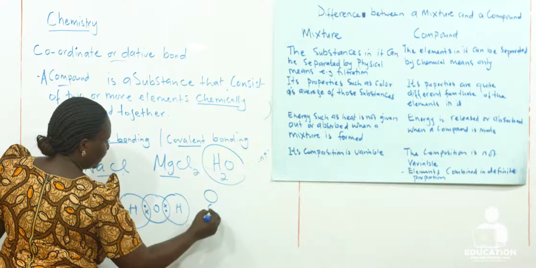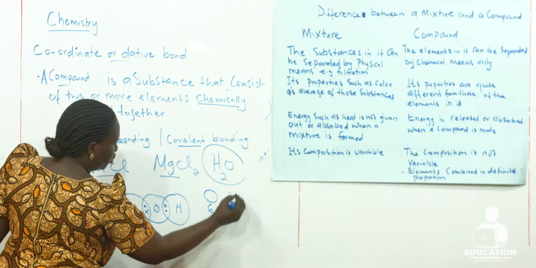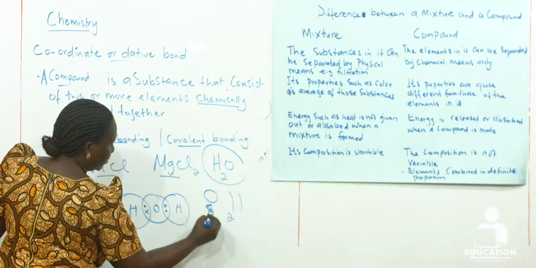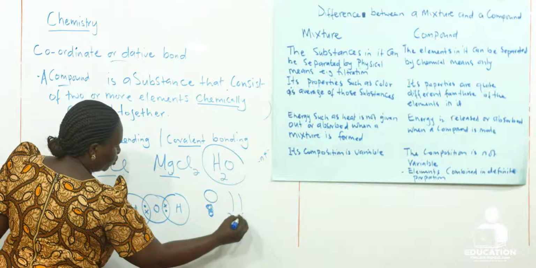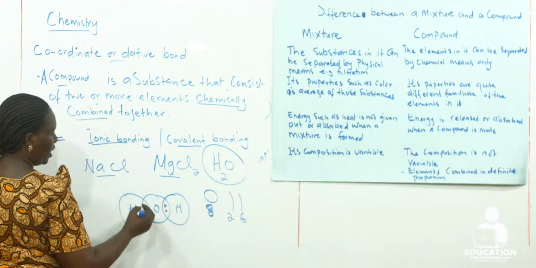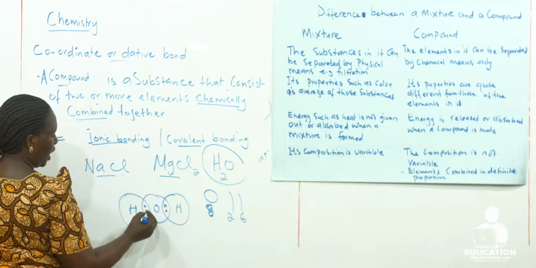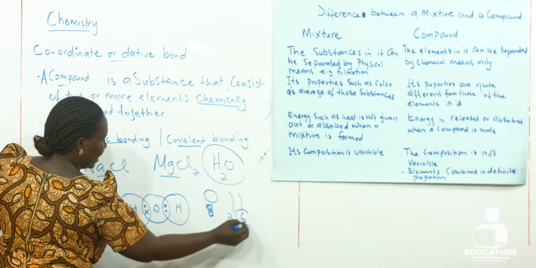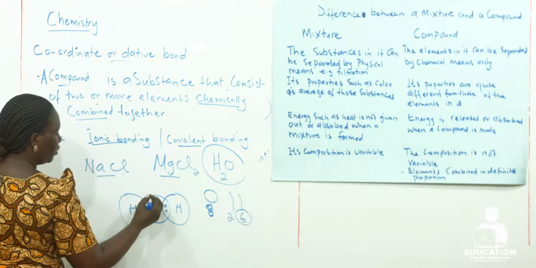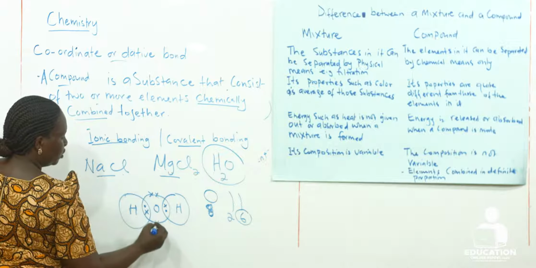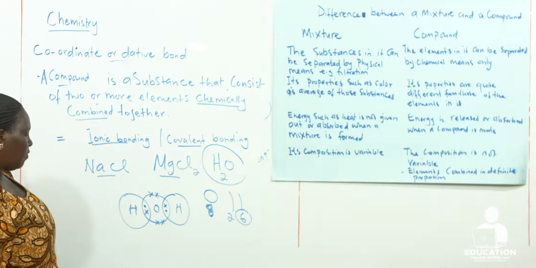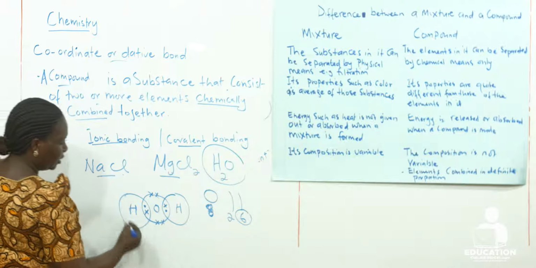Oxygen atomic number 8, electronic configuration 2, 6. So when it contributes its 2 electrons here, out of the 6 electrons in the outermost shell, it will be left with 2 lone pairs of electrons. So this is the structure of water.